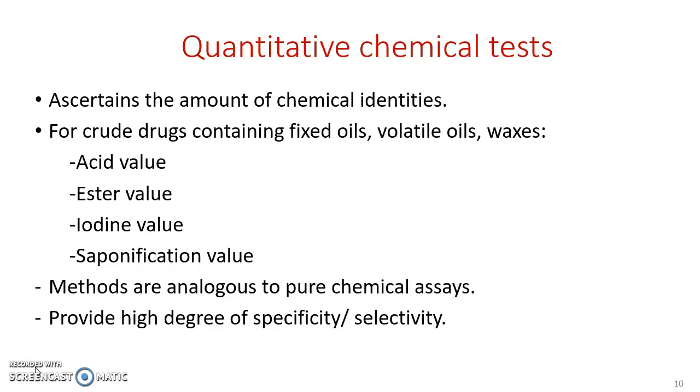Quantitative chemical tests ascertain the relative amount of chemical entities present in crude drugs in numerical terms. For example, crude drugs containing fixed oils, volatile oils and waxes are evaluated by quantitative determination of acid value, ester value, iodine value and saponification value.